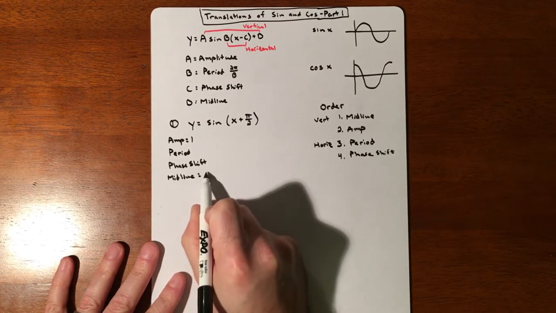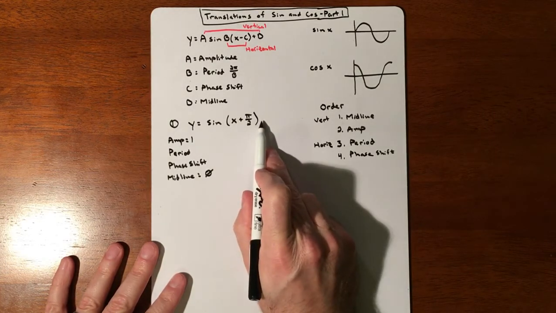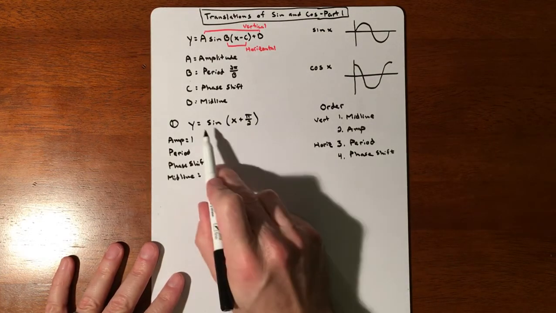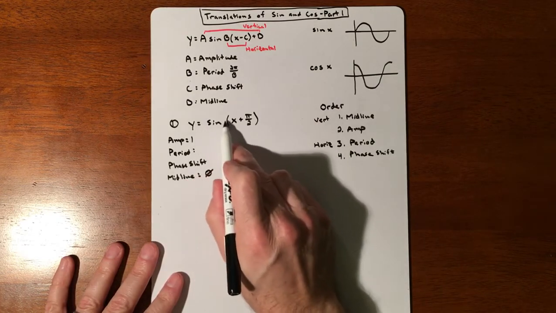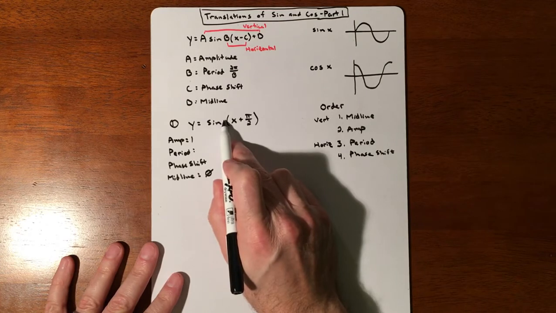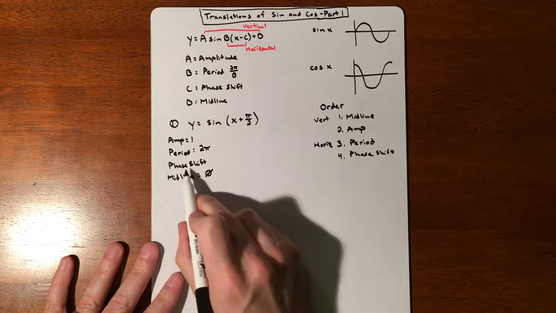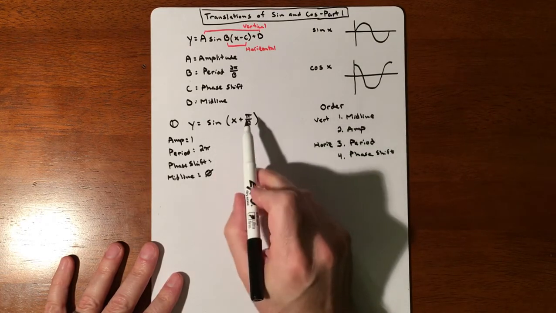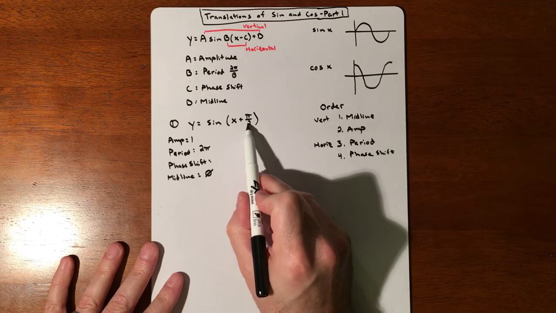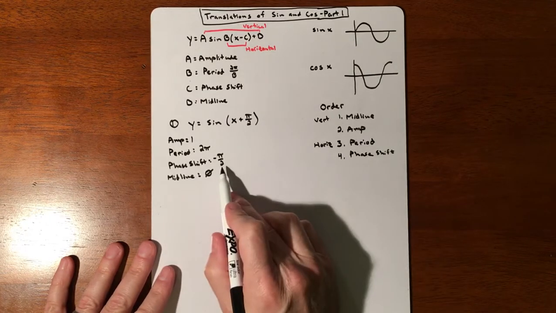So our midline is nothing. We have no plus or minus, so no vertical shift going on whatsoever. Our amplitude is 1. Our period would be any kind of number here that we take and divide into 2 pi, so nothing changes on that. And then our phase shift is this. Our phase shift here is a left pi over 2, so a negative pi over 2, or you can describe it as a left pi over 2.